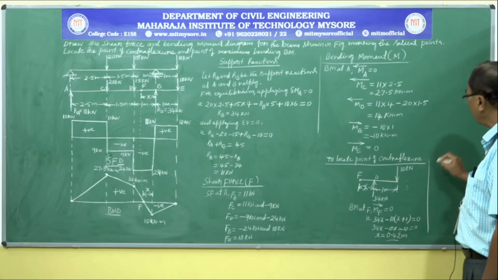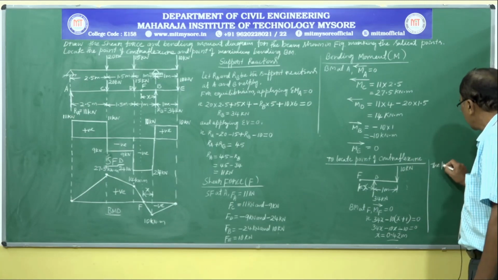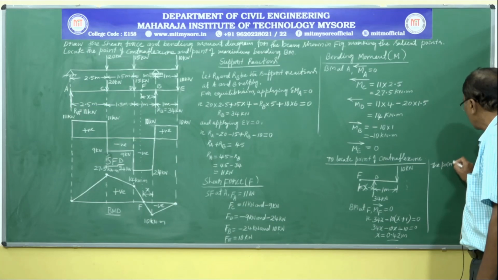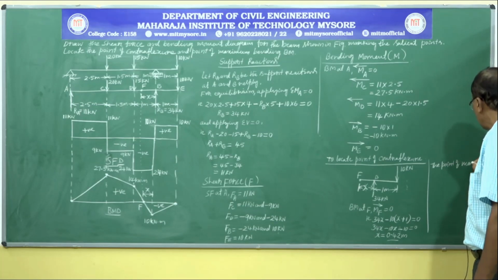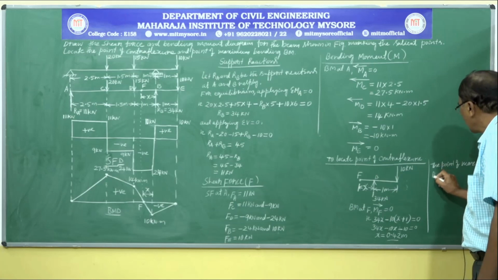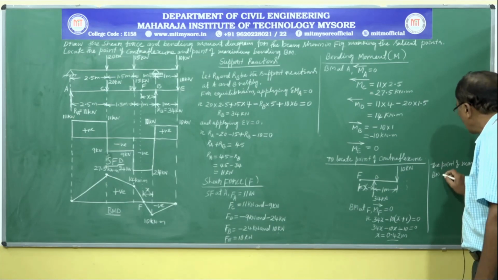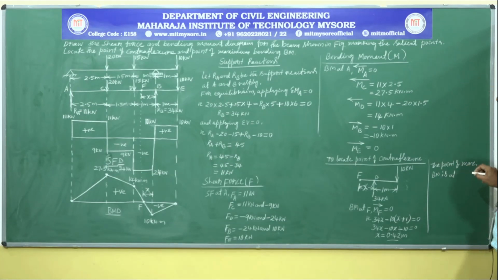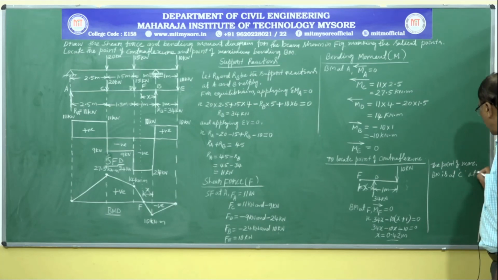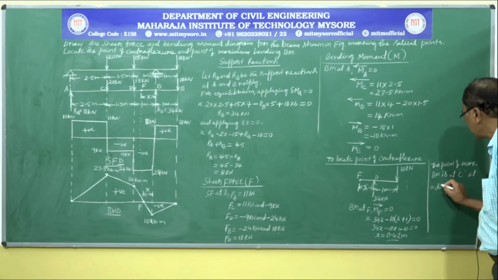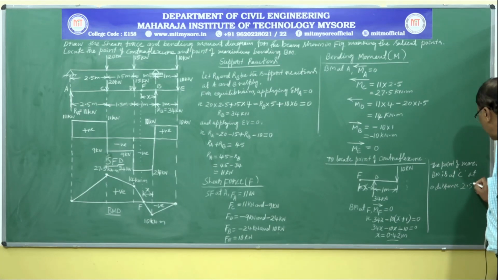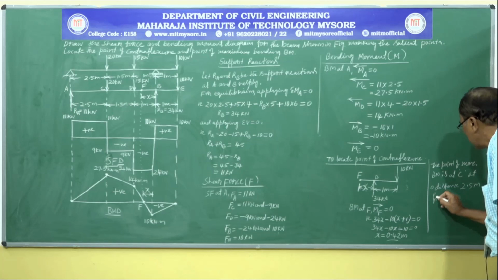The point of maximum bending moment is at C, at a distance 2.5 meter from left support.